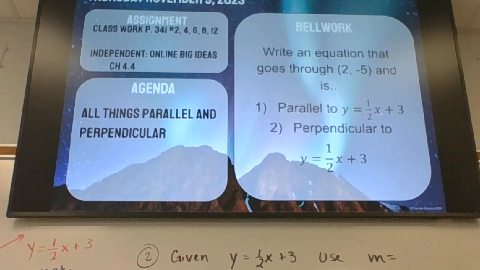All right, we're given m is 1/2. What's the perpendicular? How do you make a perpendicular slope? No, not quite. I know you got it.